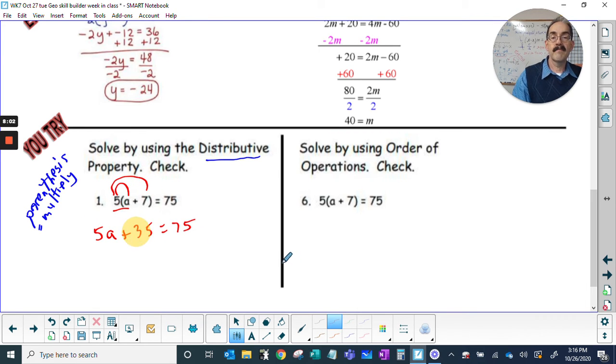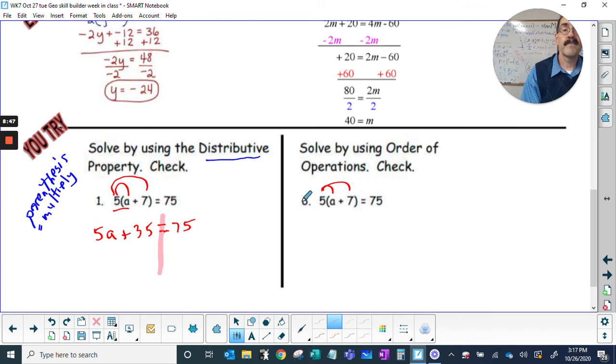Again, we're going to need to solve it just like we did up above. So draw your little fence. Bring the 35 over, divide by 5. Let's try the next one. 5 times a, 5 times 7.